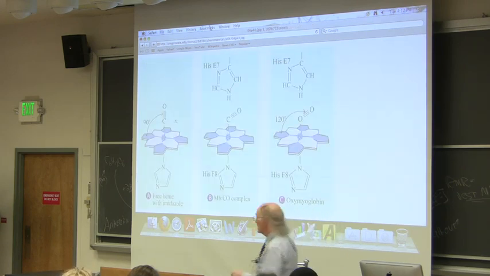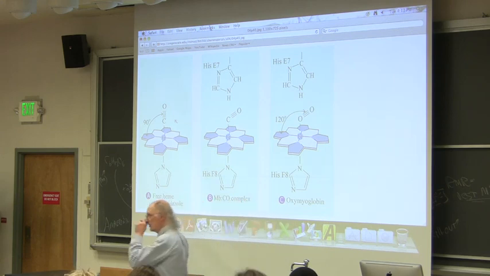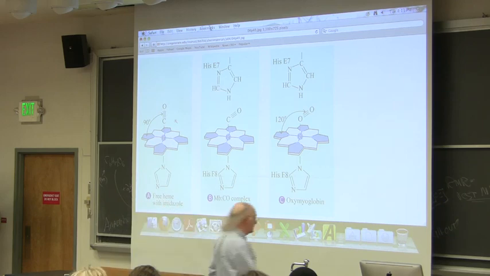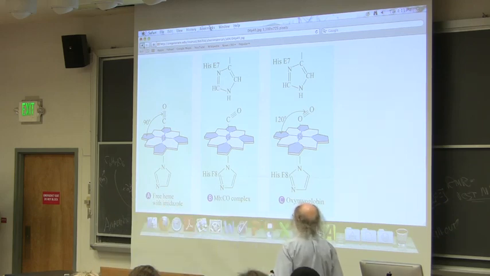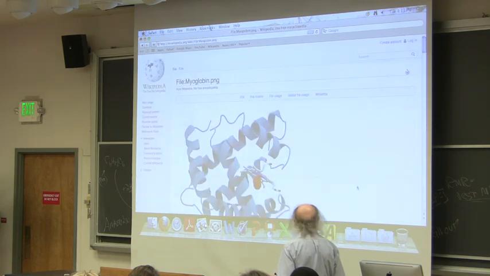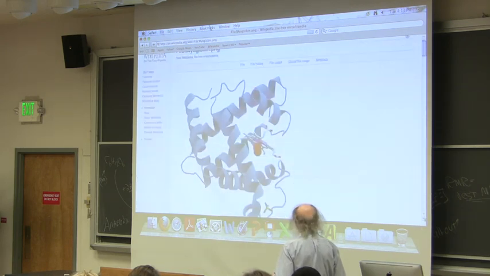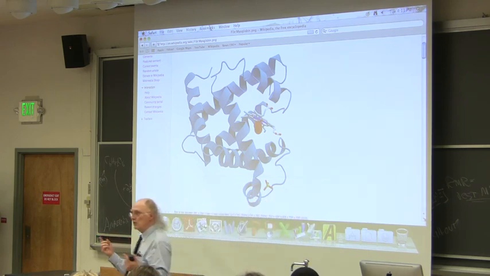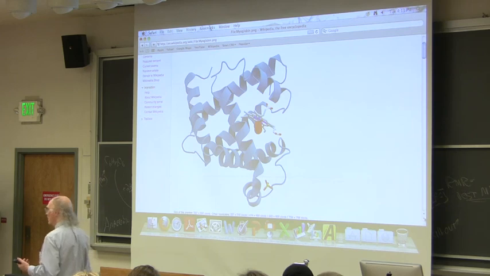Now, I said this was true for myoglobin. It's also true for hemoglobin. Let's go back to the actual myoglobin structure here. This is a subunit of myoglobin. We can think about it just like it's one of the 4 subunits of hemoglobin. It's going to behave very similarly.